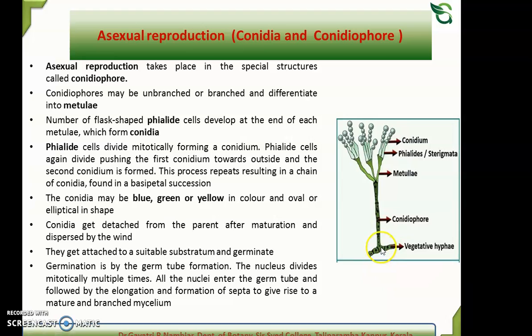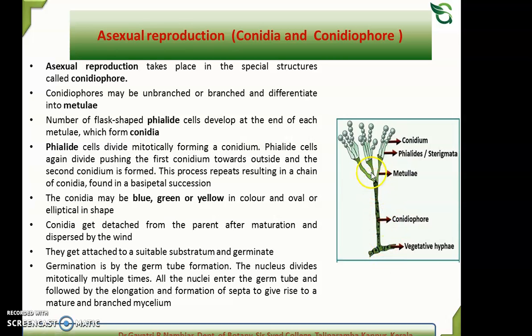And from the vegetative hypha, at the time of asexual reproduction, the conidiophore arises. On the conidiophore, the conidia are borne on special structures known as phialides or sterigmata, which are borne on metulae. Okay, so asexual reproduction takes place in the special structure called the conidiophore, and the conidiophore may be branched or unbranched, and it is differentiated into metulae.